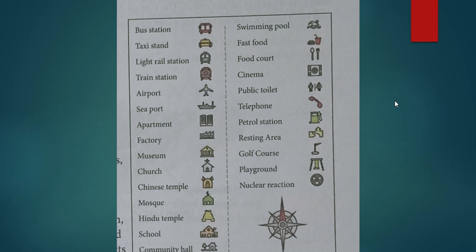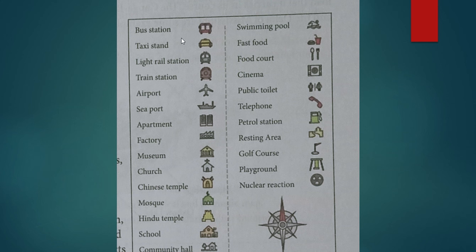Now in this picture we are going to learn about the conventional symbols, meaning the symbols which are used internationally by the cartographer, means a person who makes maps.